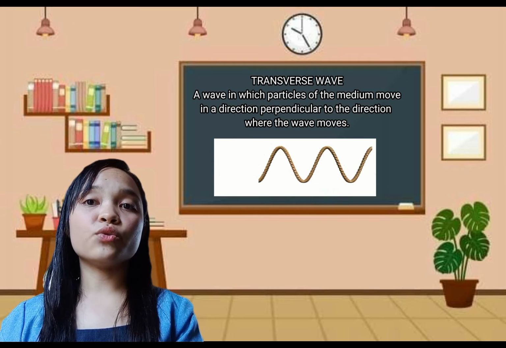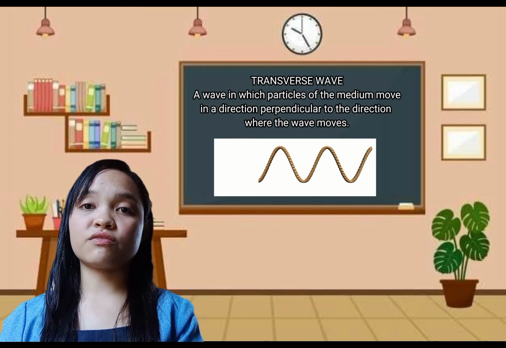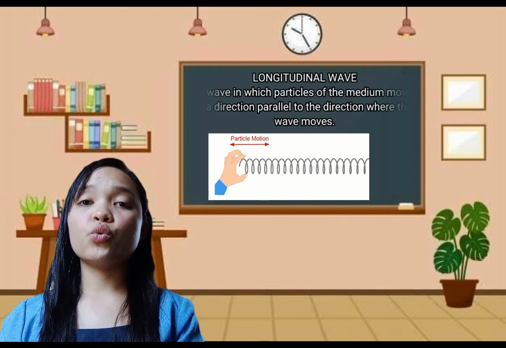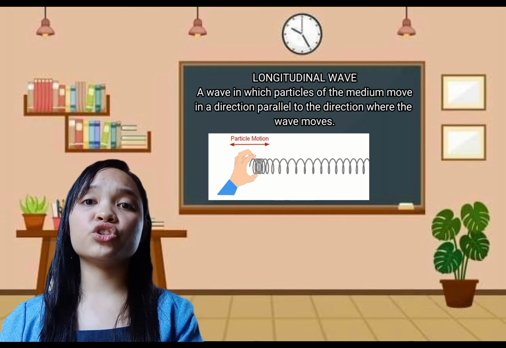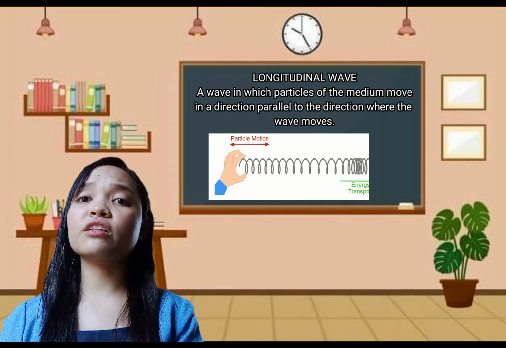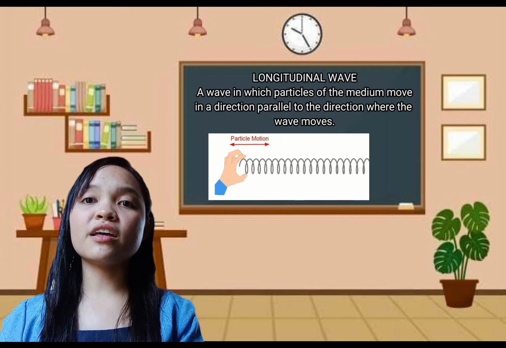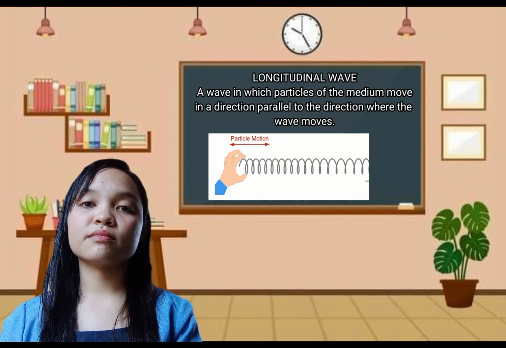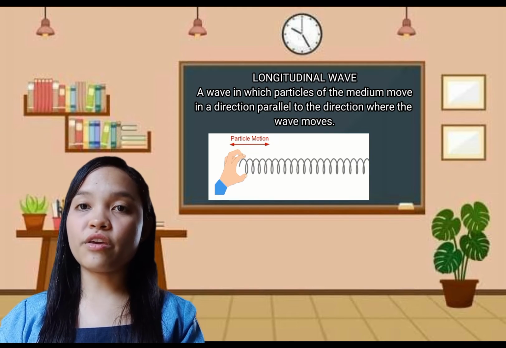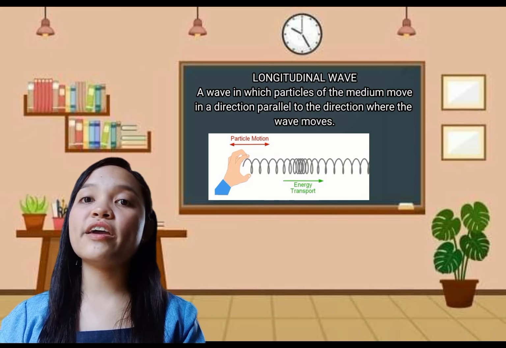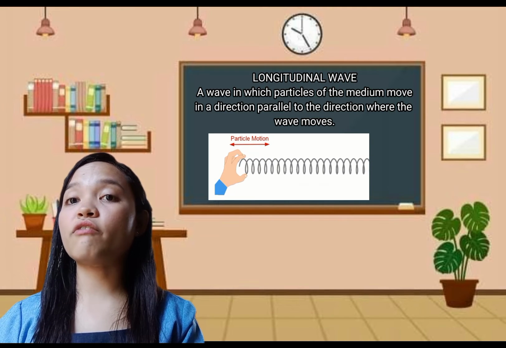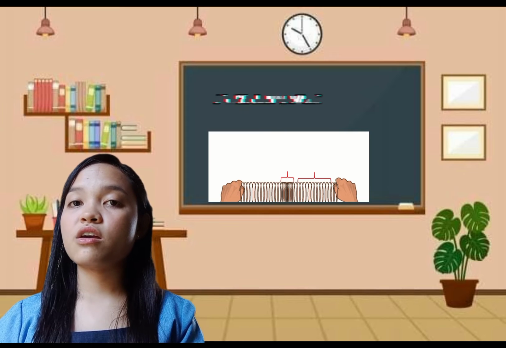A wave in a rope is an example of a transverse wave, followed by a longitudinal wave, which is a wave in which the medium's particles travel in any direction parallel to the wave's motion or movement. A longitudinal wave moves from left to right. A flowing slinky on the screen is an example of a longitudinal wave.